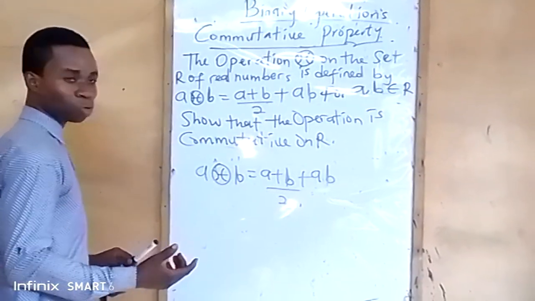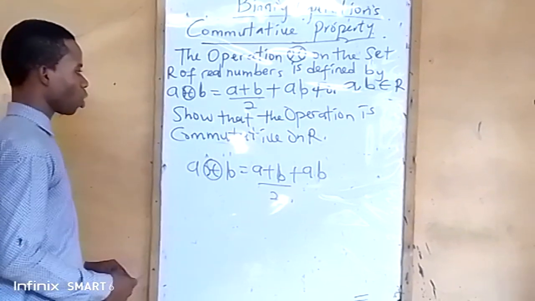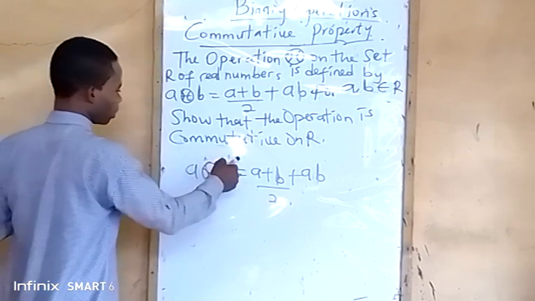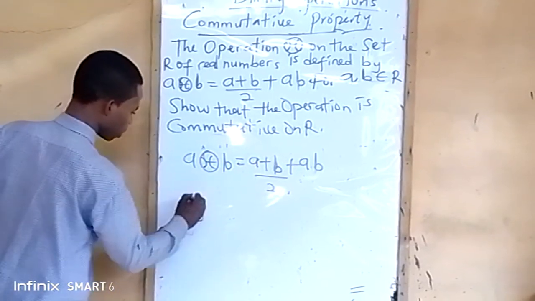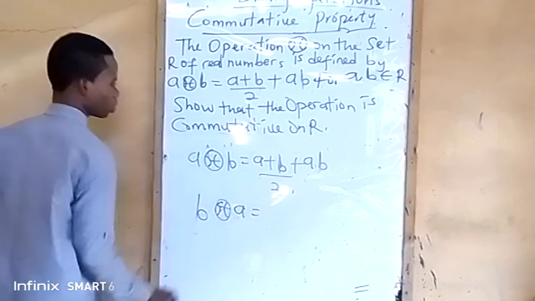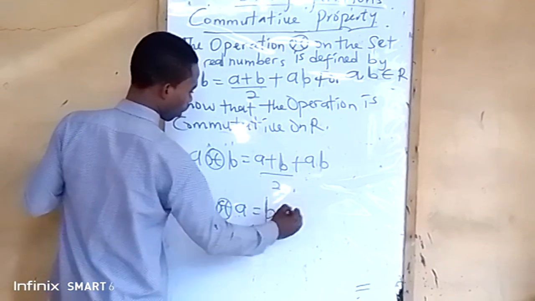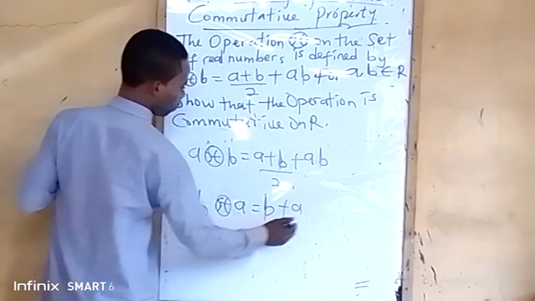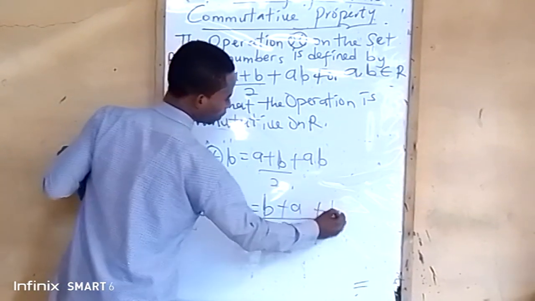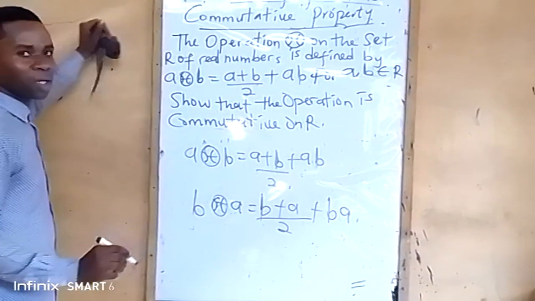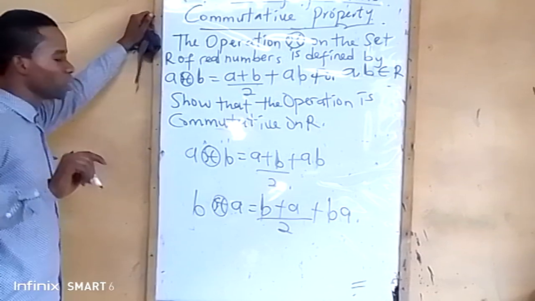Now, for the operation to be commutative, I know we have said that addition is commutative. That means if A circle B is this, then B circle A is going to be B plus A all over 2 plus BA. Now, if I use numbers, you will know that truly it is commutative.